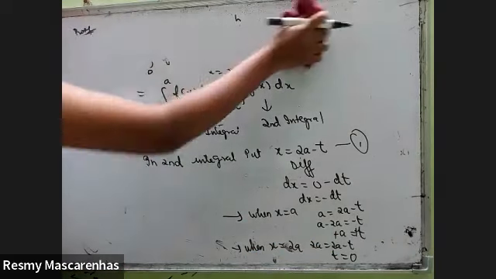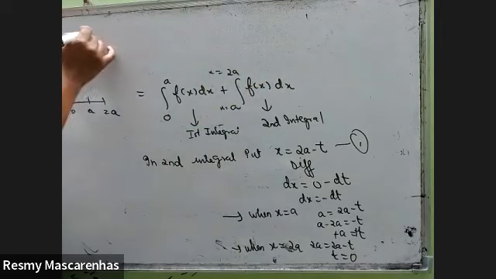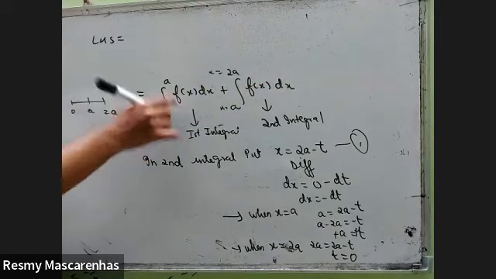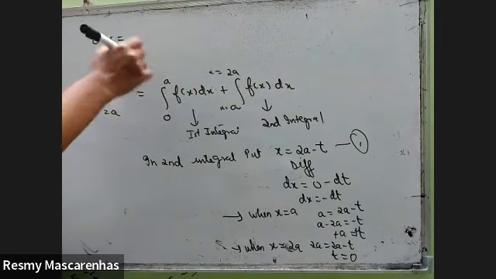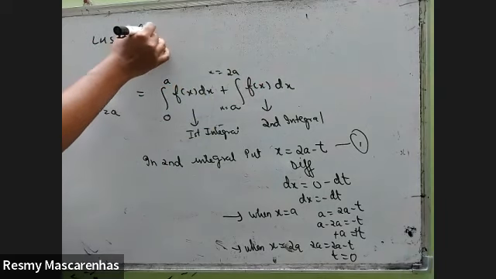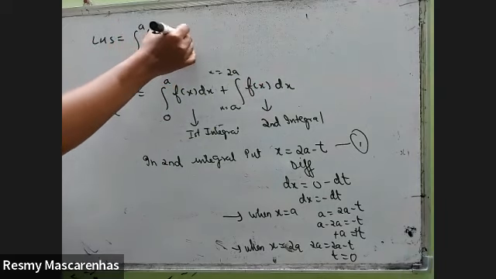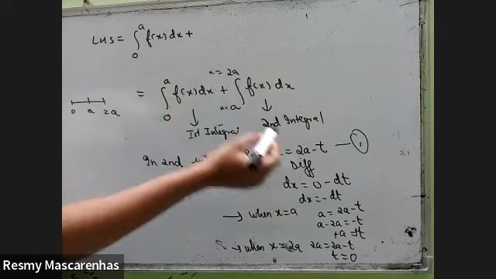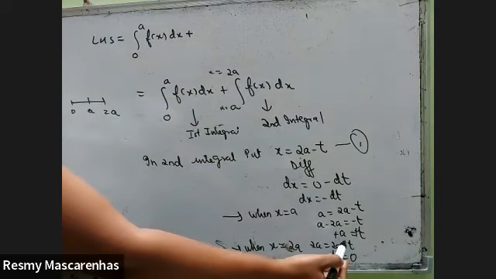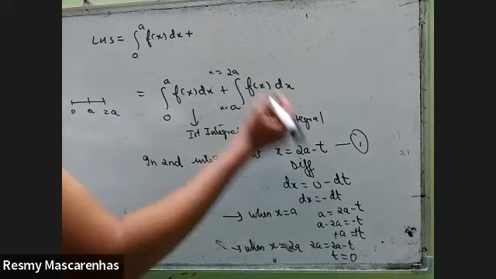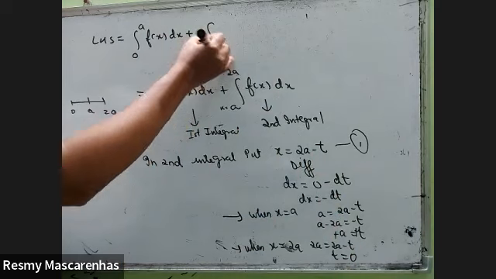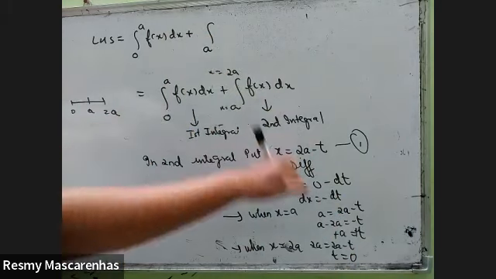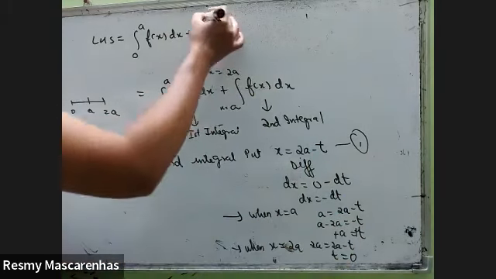We'll write the integral back now. So what is the left hand side? This thing. First integral, I'm not doing anything. As it is, I'm keeping. Only the second integral, entire thing I have to write in terms of t now. So when x equals a, what was the value of t we got? t was a. But when x was equal to 2a, what is the value of t? 0.